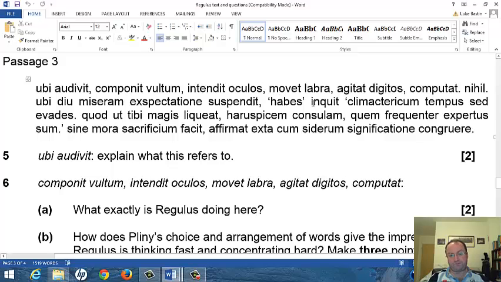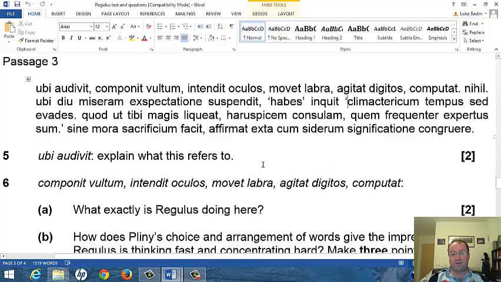Okay, once we know that, we can translate it. So he said, present tense, you have a climactericum tempus, a very life-threatening time ahead of you. Okay, we'll go back to your corresponding English in a moment. But climactericum, very much a medical word, a potential brush with death coming.